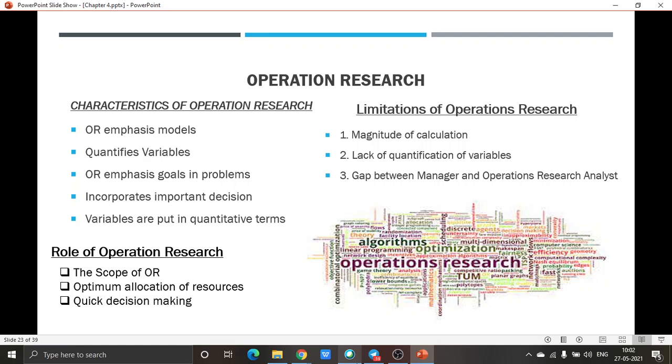And while using OR techniques, the manager has to quantify different variables, which requires greater precision in defining the variables involved in decision making.